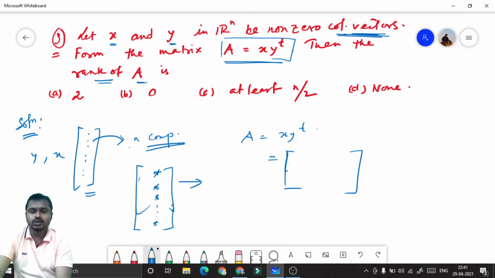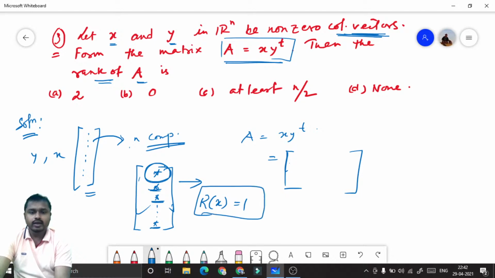In other words, you are saying that rank of x is equal to 1. If you use similarity transformation, then you will only have the first entry as non-zero, and the rest of the elements you can make 0, and ultimately you will have rank of x is equal to 1, and similarly rank of y is equal to 1. Fine, no issue with that, I think. Clear?